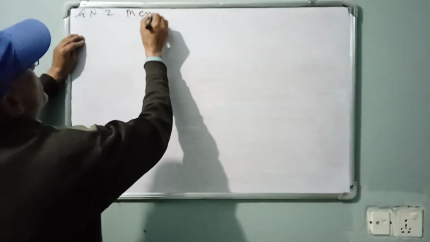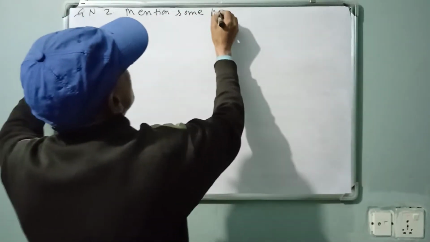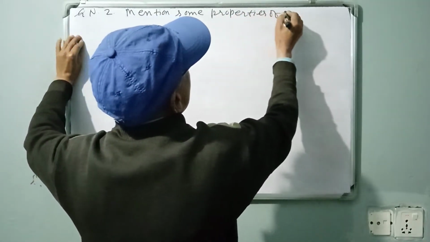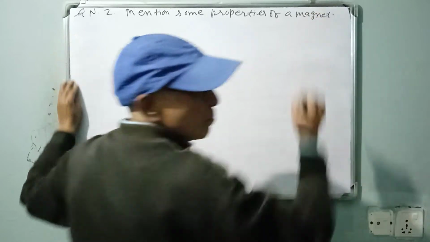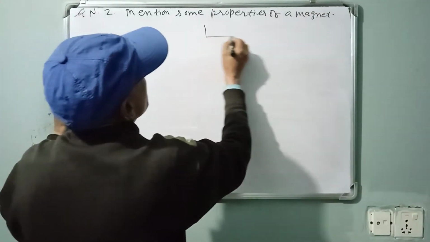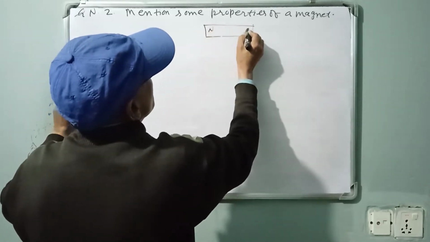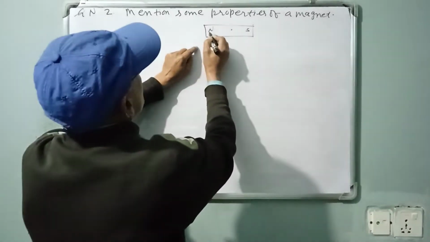Mention some properties of a magnet. Before that, let me draw one magnet, North Pole and South Pole. Here the North Pole is here.